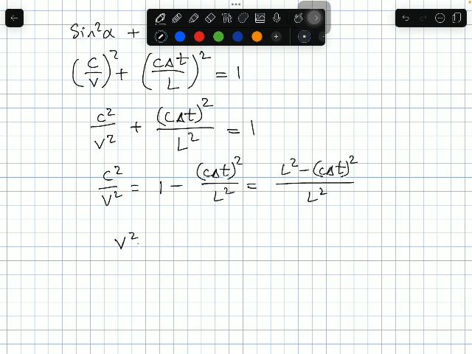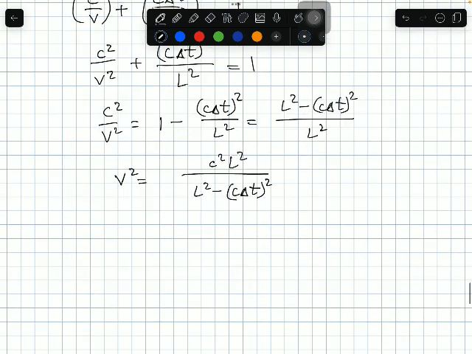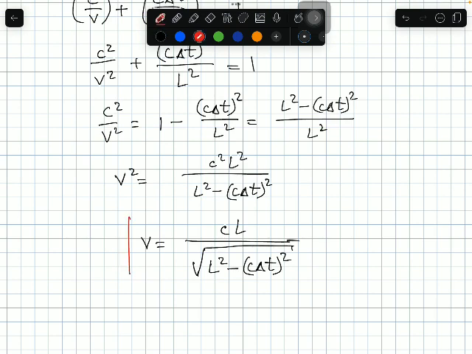So v squared equals c squared L squared over L squared minus (c delta t) squared. And if we want to know v itself, it's c L over the square root of L squared minus (c delta t) squared. Okay, this is our final result.